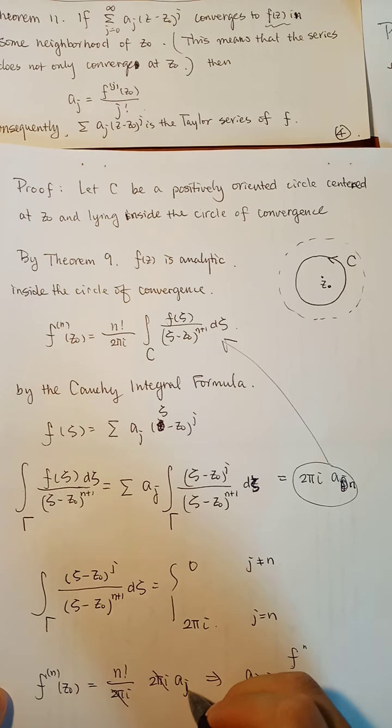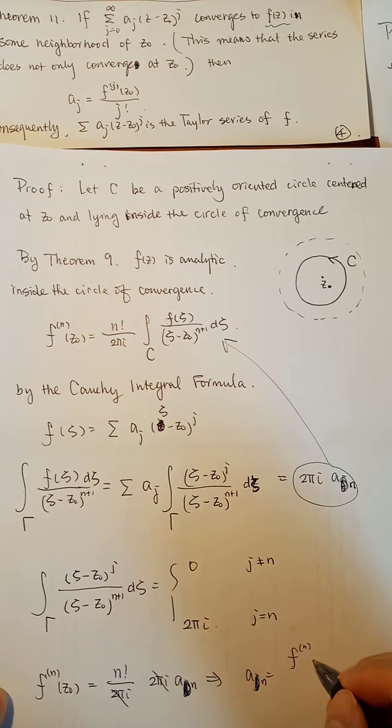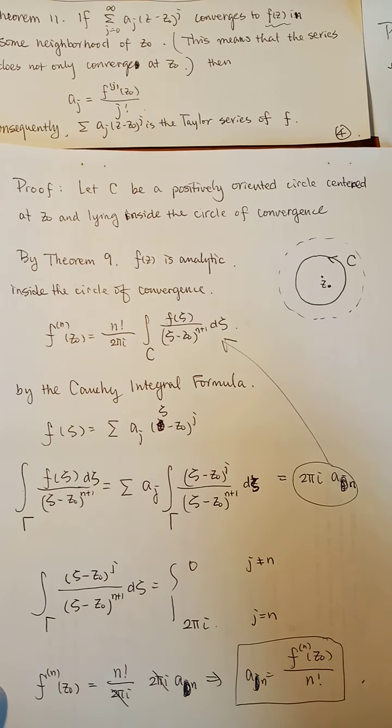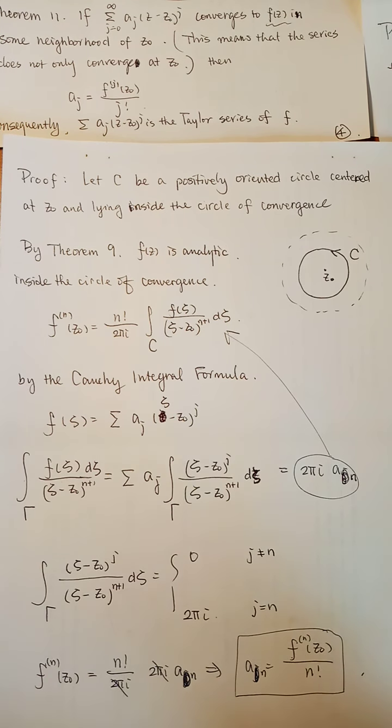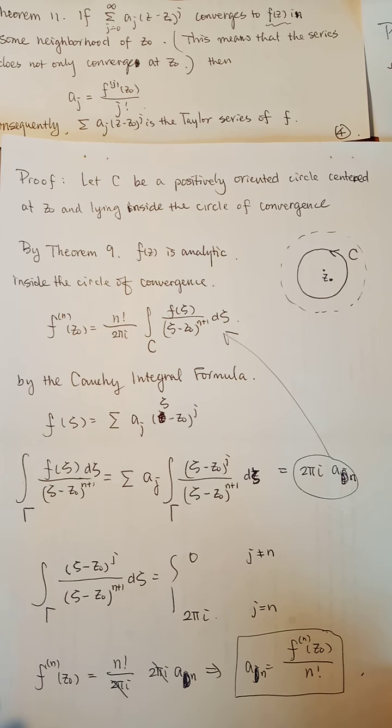A sub n, my bad. A sub n is the nth derivative over n factorial. Okay? So this is the proof. The power series represents the Taylor series of the limit.